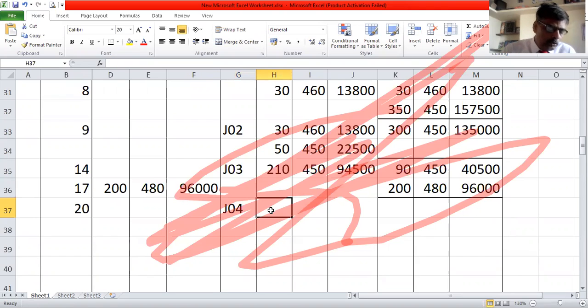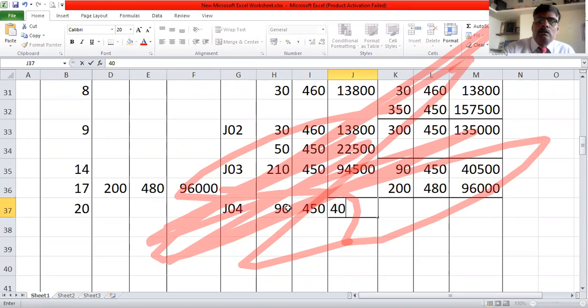Job number 4, issue is 120 units. 120 units you require, you take first lot and then go to second lot. 90 at the rate of 450, 40,500. Then remaining quantity, 30 units.